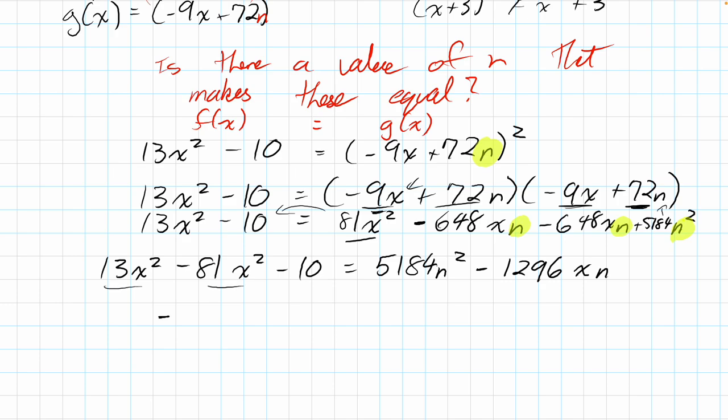Okay, I'll simplify this side here. This is going to give us a negative 68x squared minus just the number 10. And then we have on this side these values here. I would love to common factor an n out, but I'll still have an n in those brackets.